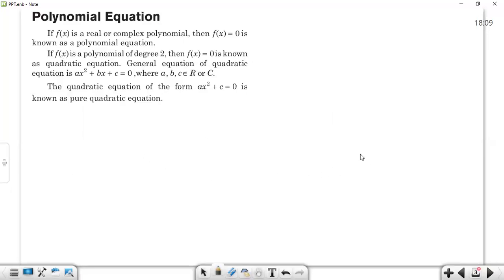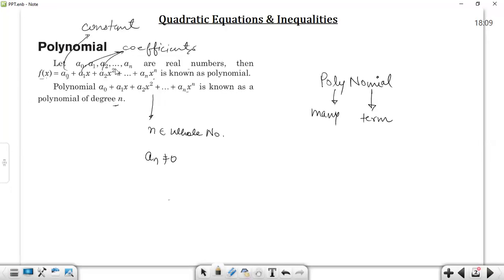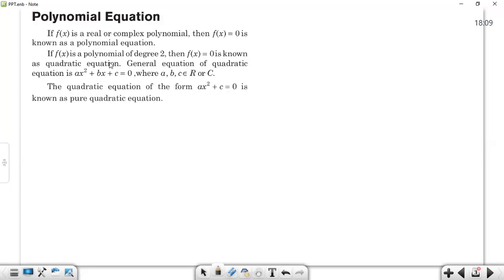Yes, sir. So this was an expression, f of x, a function of x, a polynomial. When we equate this to something else, it becomes an equation. Particularly in this case, when I equate the polynomial to 0, it becomes an equation.